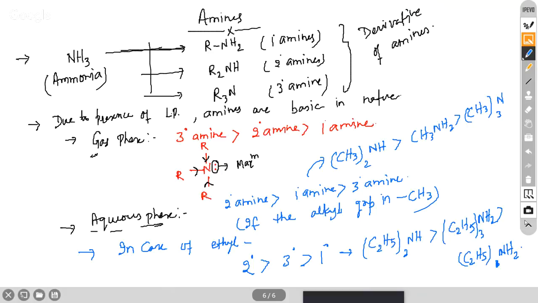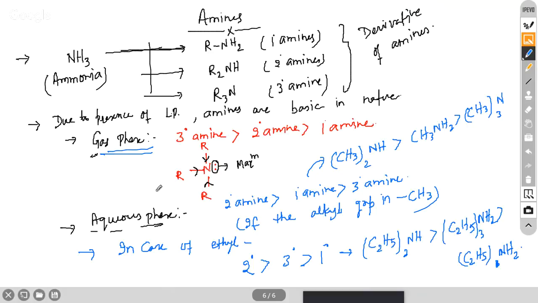Now, the reason for this, write down in aqueous solution. See, in gaseous phase, what happens? The basicity depends only on the plus I effect of these groups, right? But in aqueous phase, along with this plus I effect, we have two more effects that take part in this process, and those are the hydration effect and the steric effect.